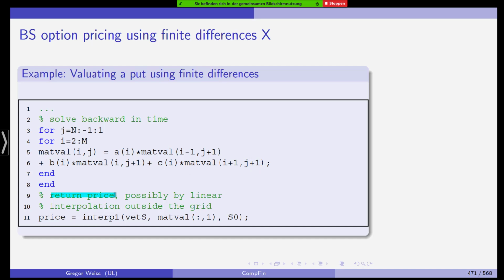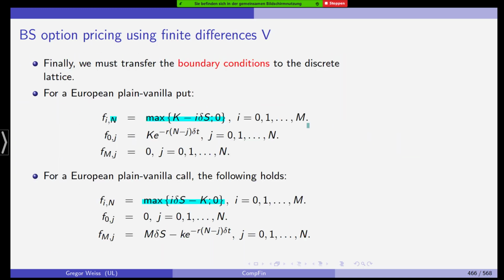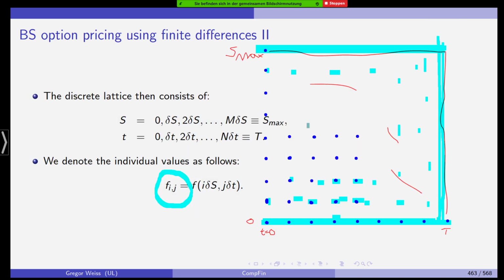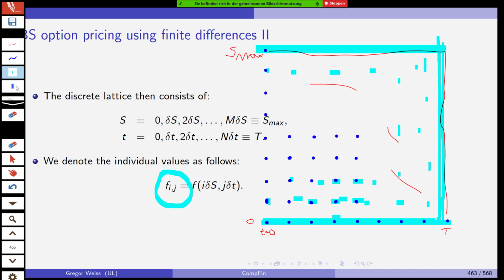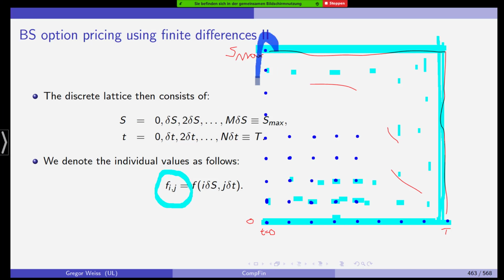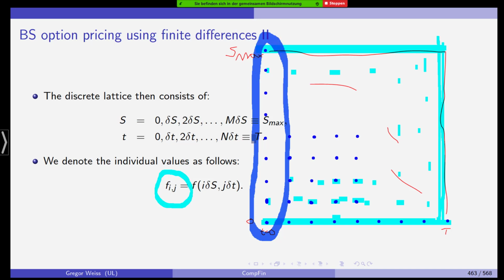price. But it might be that actually, let's assume we go back here. Now let's assume we've solved this, and we are interested in one column, which is this one here, because this column gives us the option prices for all the potential current stock prices. Now what could happen is that the current stock price is here.